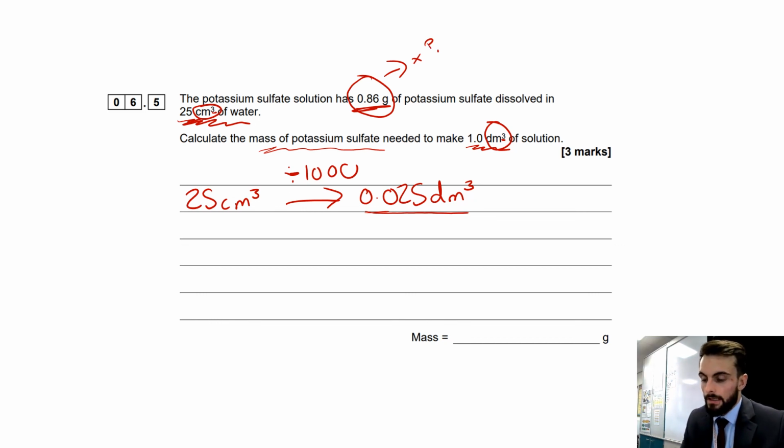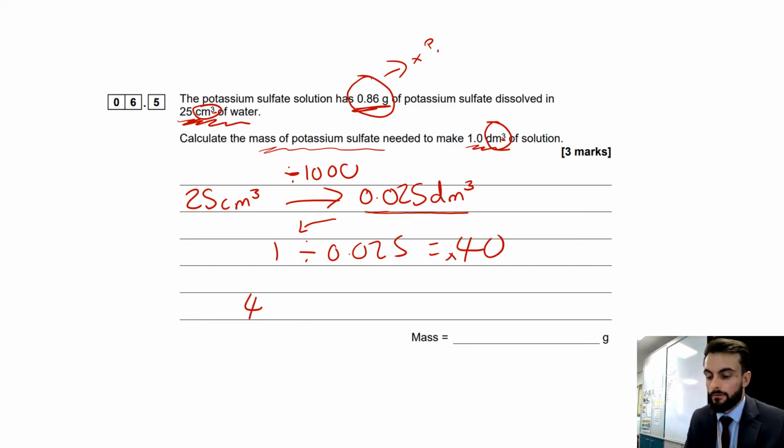So you simply do 1 decimeter divided by that number that we just worked out. How many times into 1 will this number go? So 1 divided by 0.025 gives us 40. That means if we want to make the solution up to 1 decimeter cubed, we're going to need 40 times more potassium sulfate. So all we need to do is 40 times 0.86, which gives us 34.4 grams.